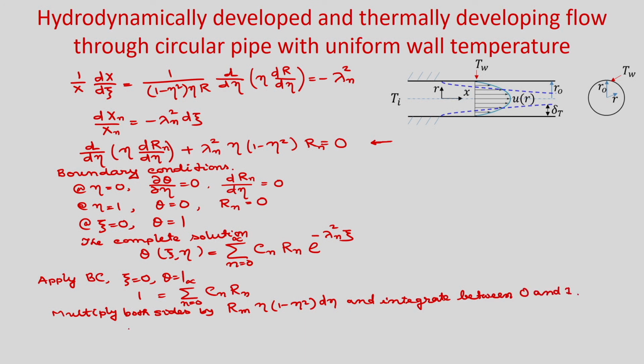If you do that, you will get on the left hand side the integral from 0 to 1 of eta 1 minus eta square R m d eta, is equal to the integral from 0 to 1 of the summation n is equal to 0 to infinity of C n eta 1 minus eta square R m R n d eta.